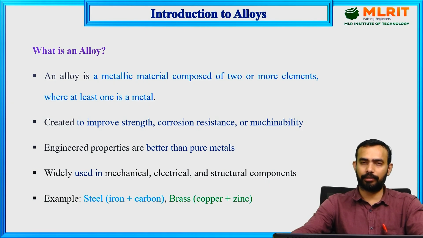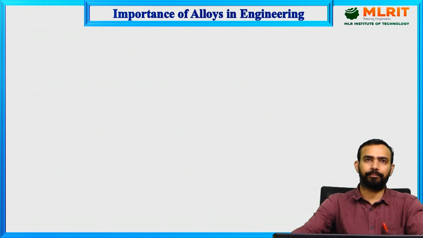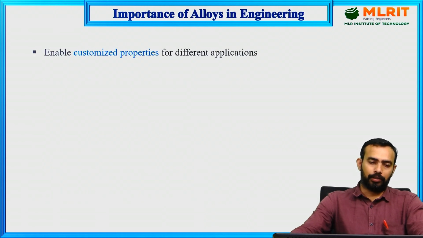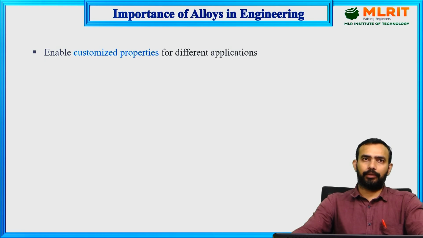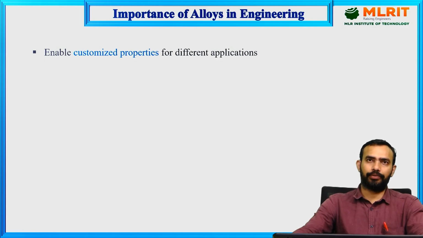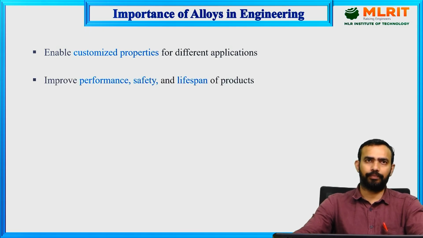Similarly, in brass, copper is the primary base metal and zinc is the primary alloying element. So alloys enable customized properties for different applications, according to our desired application.